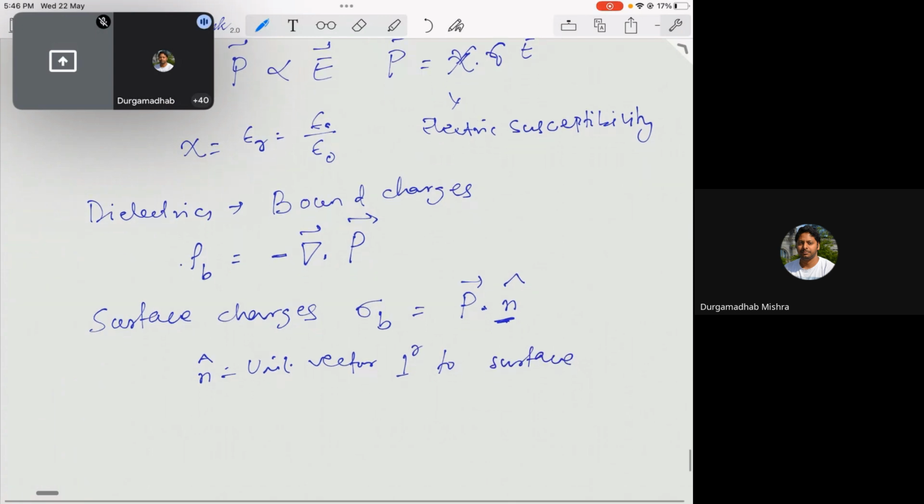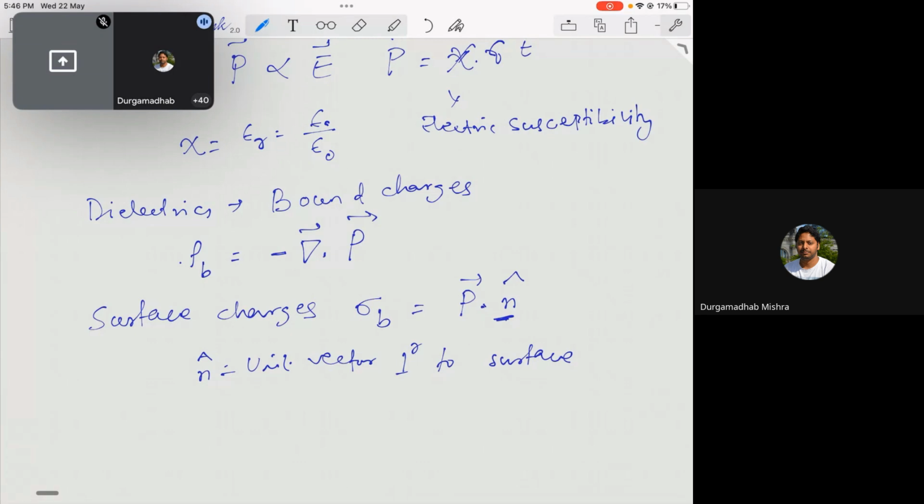So you have two kinds of charges that appear in dielectrics in the presence of an electric field.